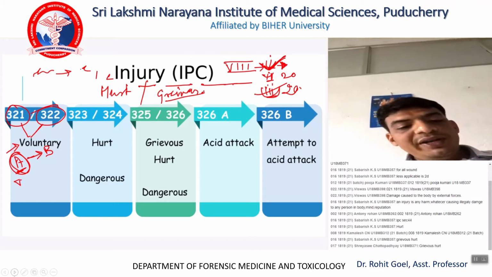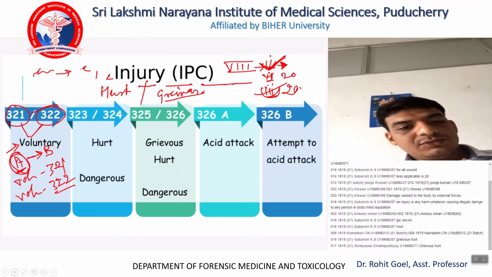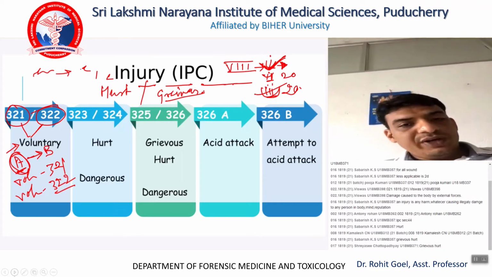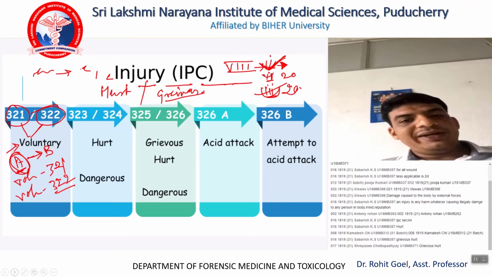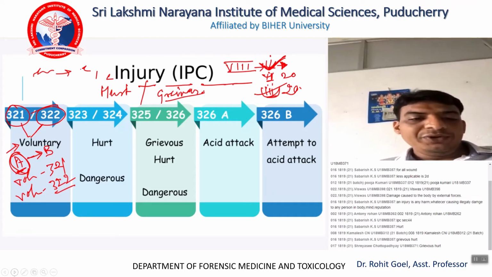So voluntary hurt is 321, voluntary grievous hurt is 322. When do we say that whatever injury has been inflicted, it was inflicted in a voluntary manner? For that, 321 and 322 are present.